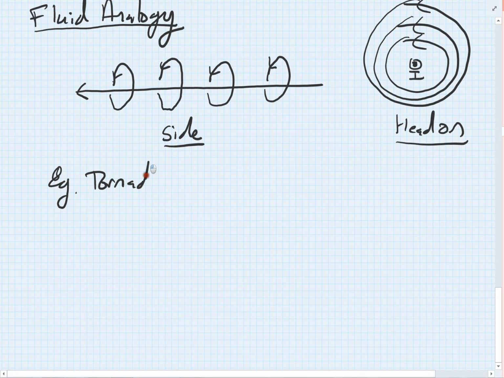In a tornado, what you see is, well, it's a little hard to draw the funnel cloud, but the air is circulating around a central axis which is standing vertically against the ground. Now, this type of thing has an actual name in fluid mechanics. This type of fluid flow pattern is called a vortex.